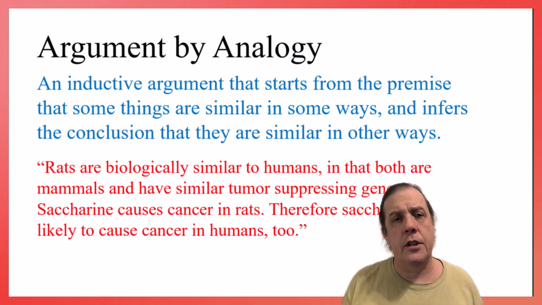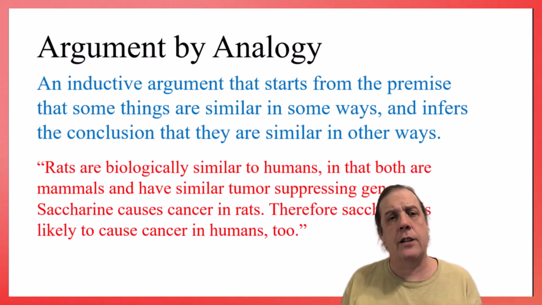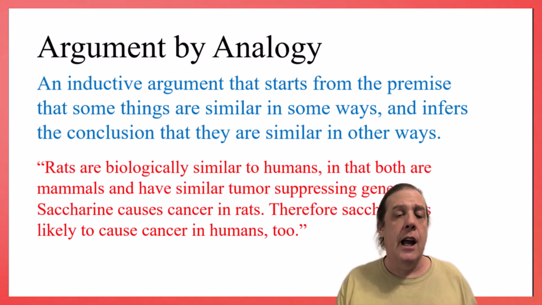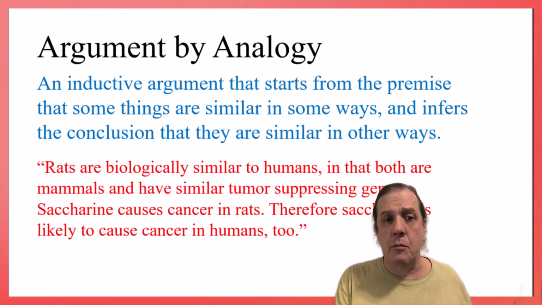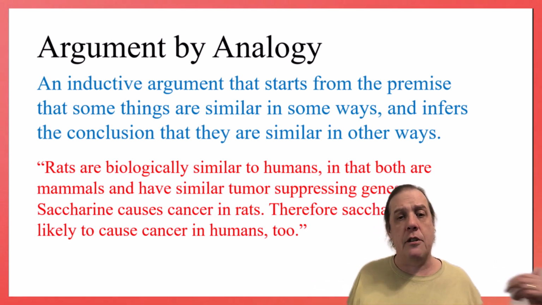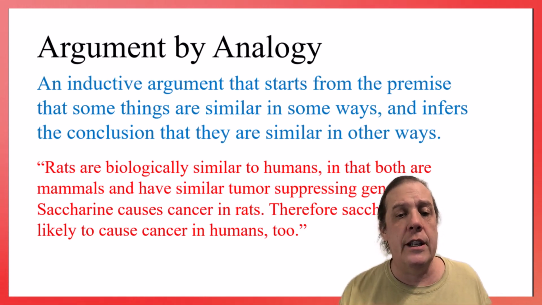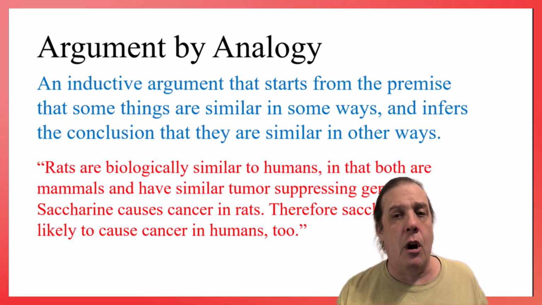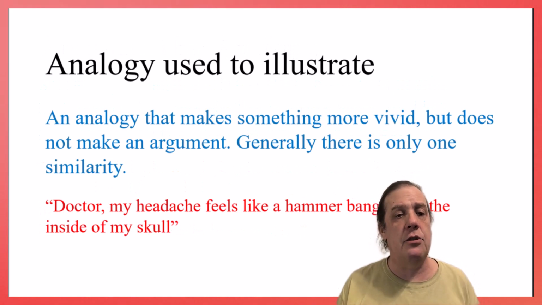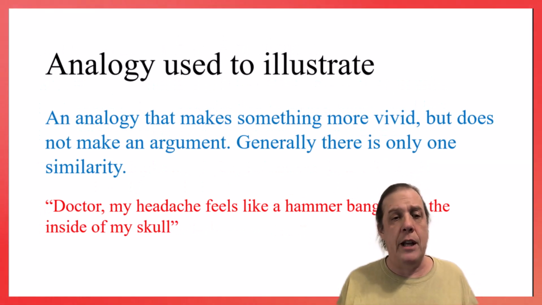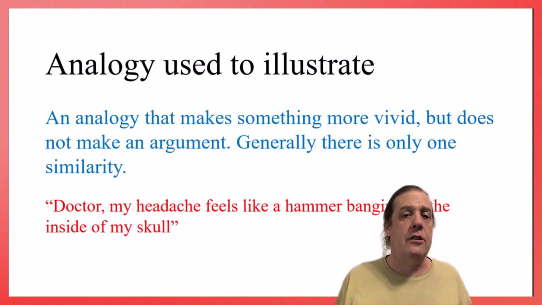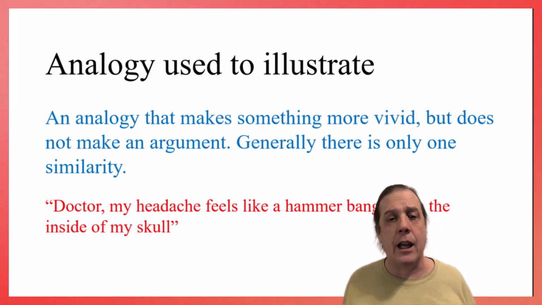So essentially, you have to decide which of our examples the passage is most like. Is it like our example of an argument by analogy, the argument that saccharin is likely to cause cancer in humans? Or is it like our example of an analogy used to illustrate, where the patient just says, "Doctor, my headache feels like a hammer banging on the inside of my skull"?